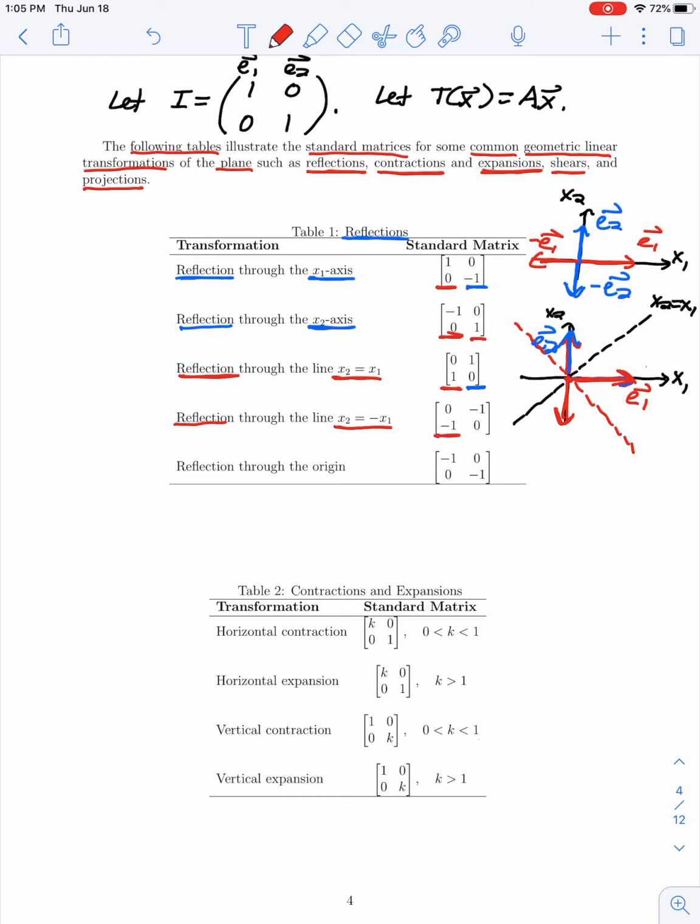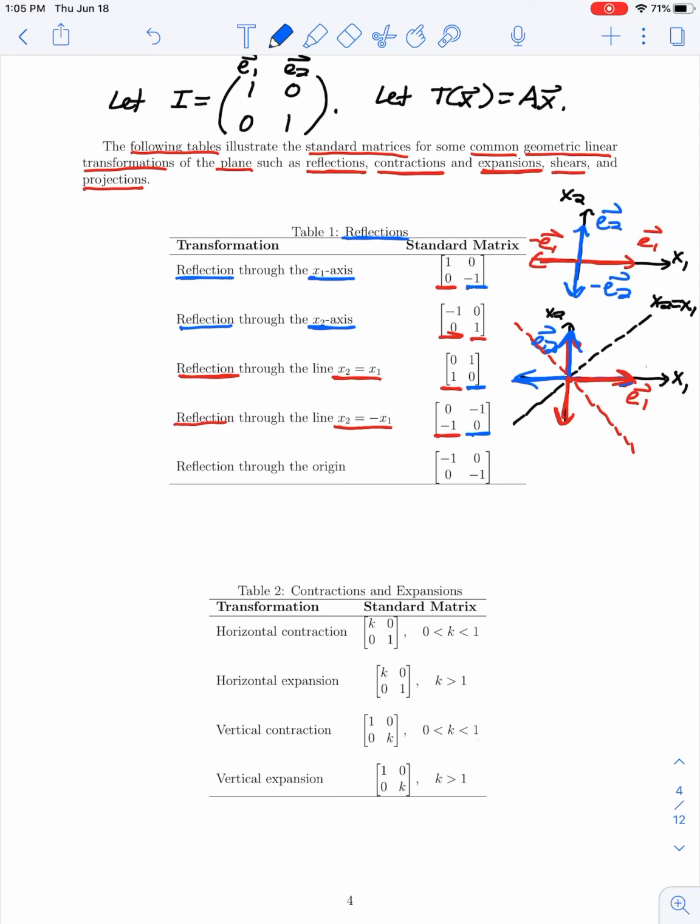That is moving from the origin 1 unit directly downward. And the image of E2 by reflecting about that line would give us the negative of E1. That is negative 1, 0. So we have the following standard matrix for that reflection.